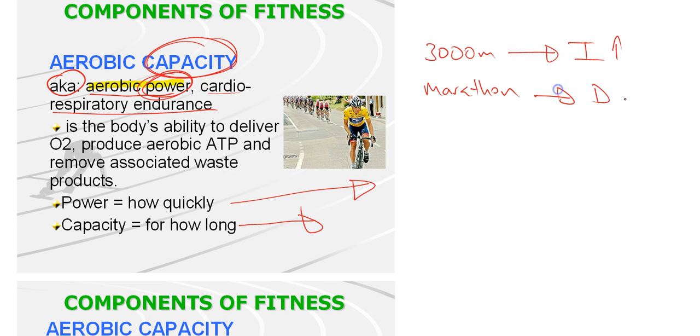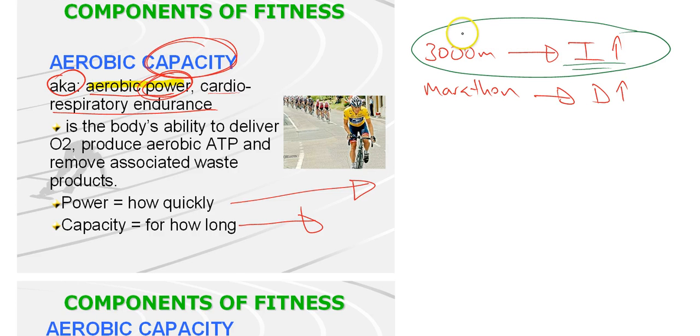The duration of the marathon runner is greater. So, which requires ATP to be resynthesized more quickly? It is the 3,000 meter runner because they're working at a greater intensity. So therefore, aerobic power is more important to them than a marathon runner.